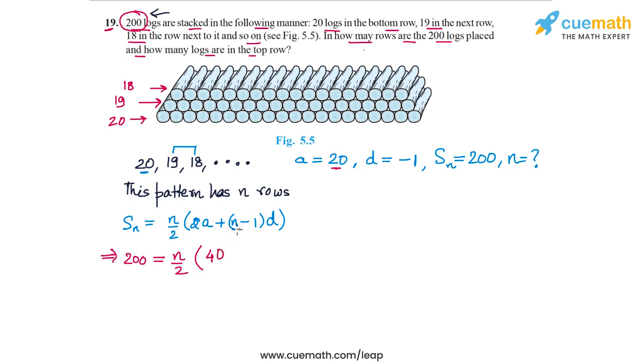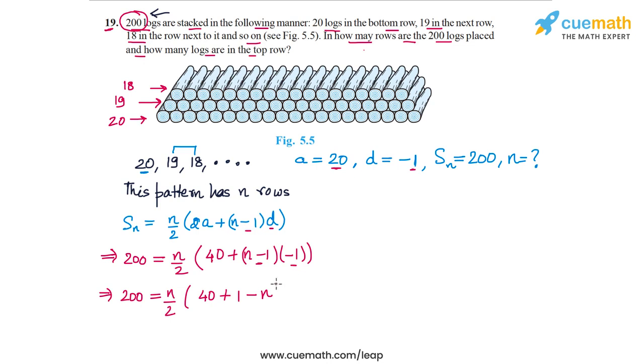And then we have plus (n minus 1) into minus 1, because d is minus 1. So this is what we get. From here we get 200 is n by 2 times (40 plus 1 minus n), because (n minus 1) times minus 1 is 1 minus n.